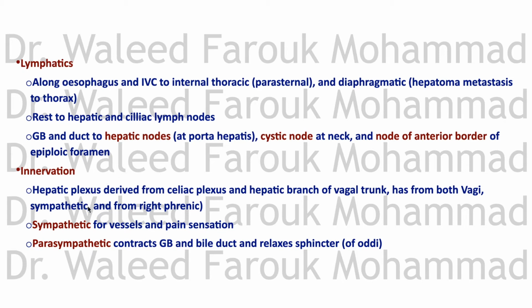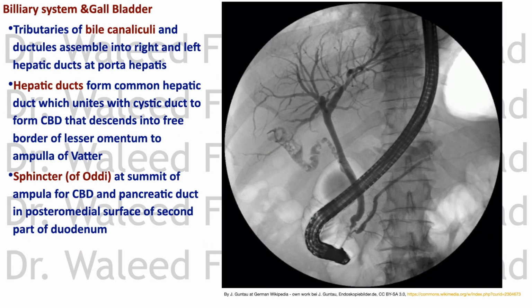They give the hepatic branch that forms the hepatic plexus, which has a sympathetic component responsible for supplying the vessels and conveying the pain sensations, and the parasympathetic supply that is responsible for the contraction of the gallbladder and the bile duct to empty their contents, which is bile, into the intestine for the digestion and absorption of fats. So this is how the liver gets its nerve supply.